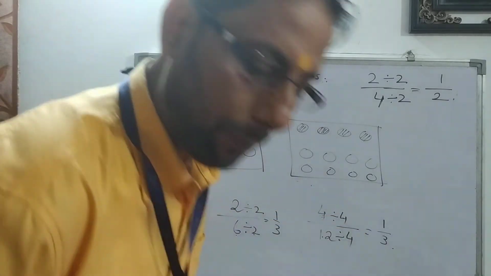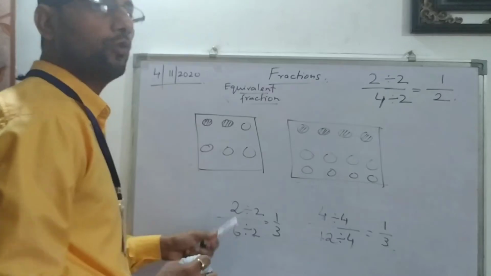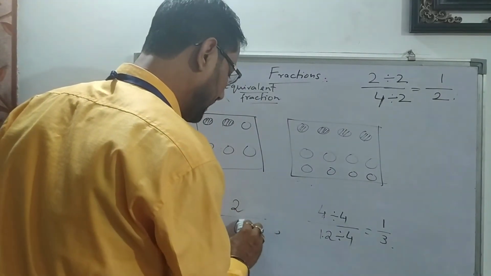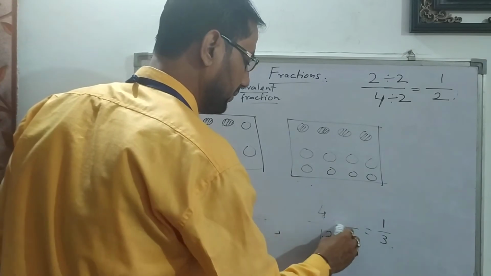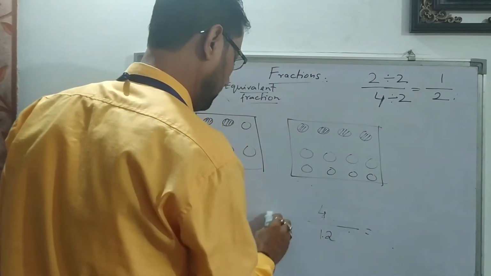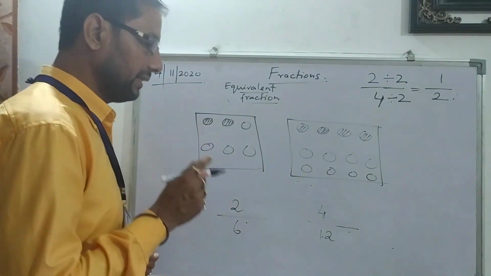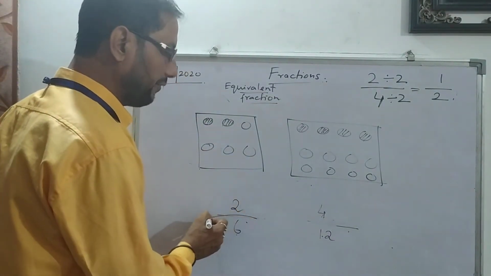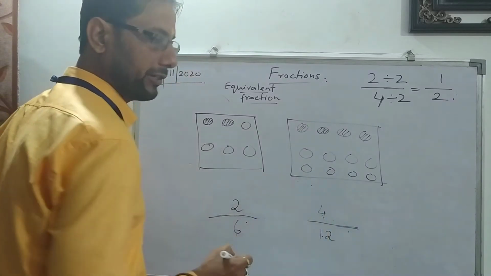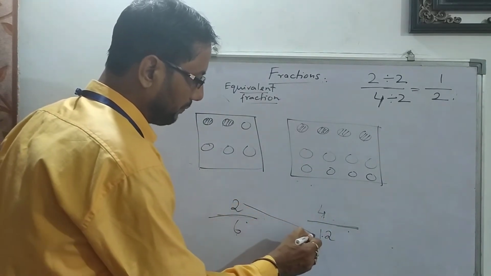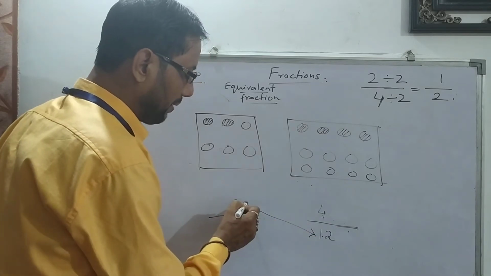Now, suppose you don't want to do this division. In that case, how will I find the equivalent fraction? If I don't want to divide and I want to find the equivalent fraction, what will I do? I'll multiply 2 and 12.